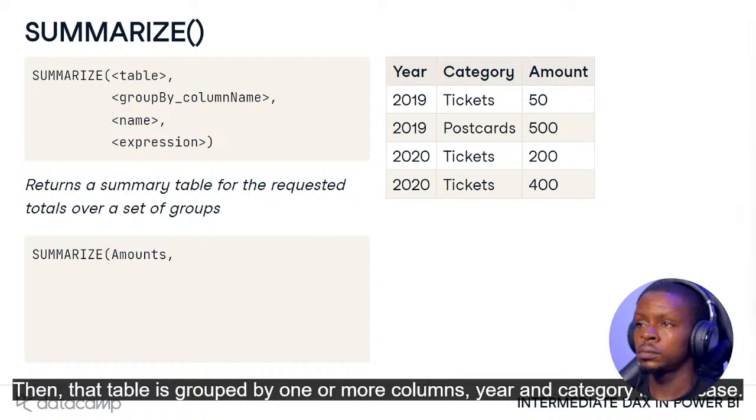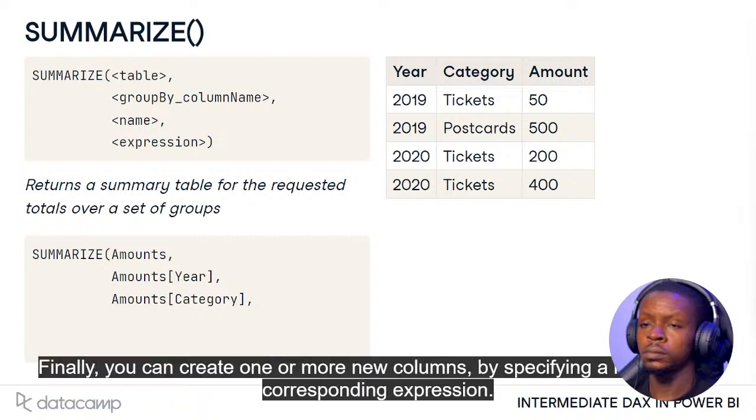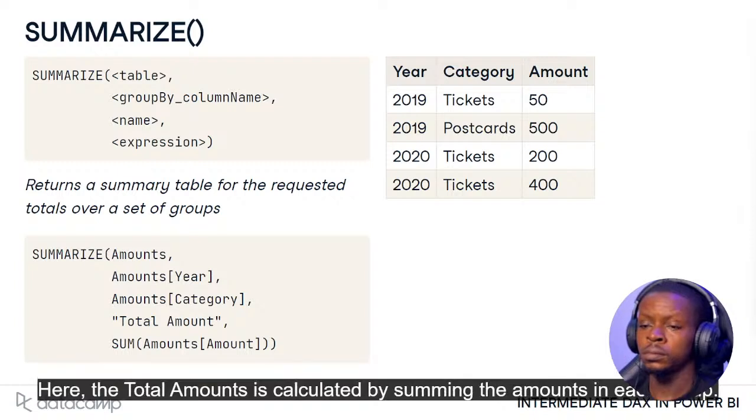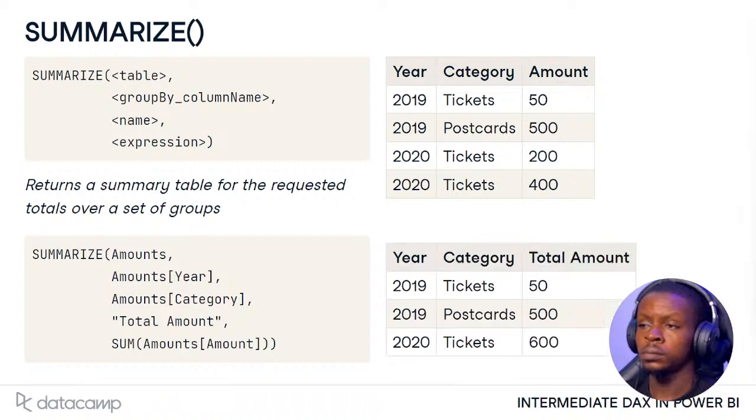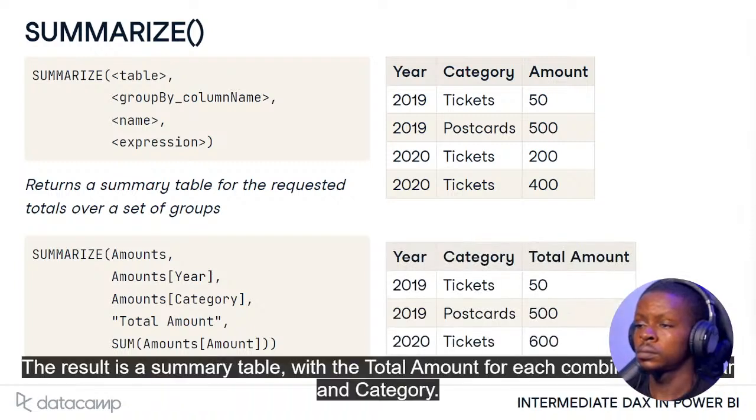Then that table is grouped by one or more columns, year and category in this case. Finally, you can create one or more new columns by specifying a name and a corresponding expression. Here, the total amounts is calculated by summing the amounts in each group. The result is a summary table, with the total amount for each combination of year and category.